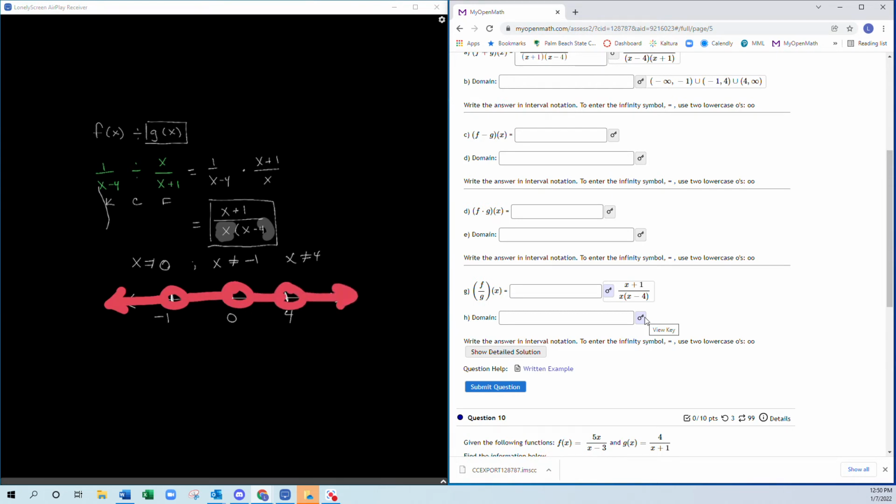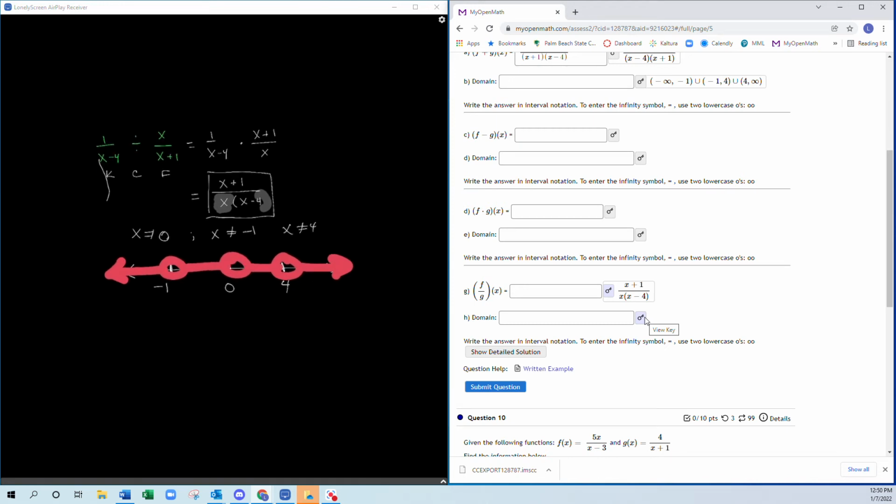So in this case, I have 4 different regions: region 1, region 2, region 3, and region 4. You do need to have all 4 of those to write the domain for this question. To write the domain, always go from left to right.